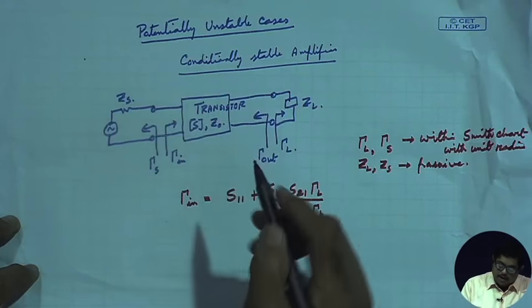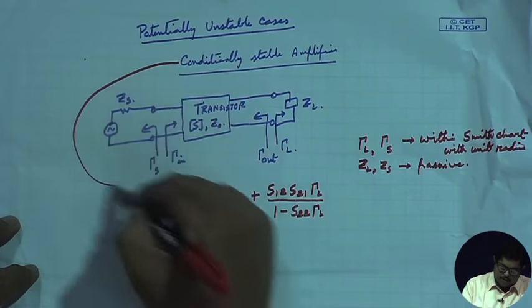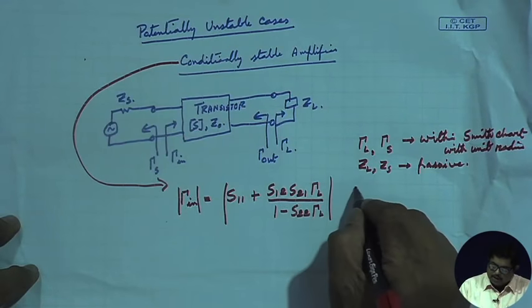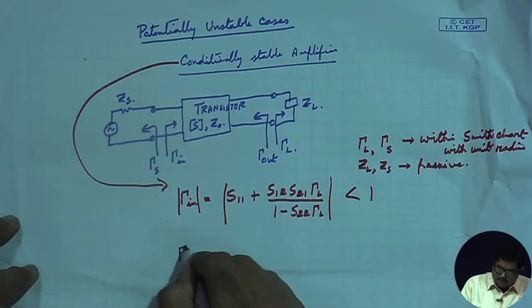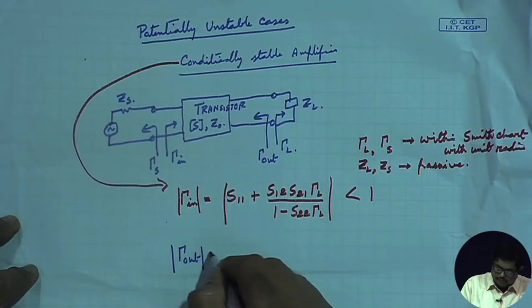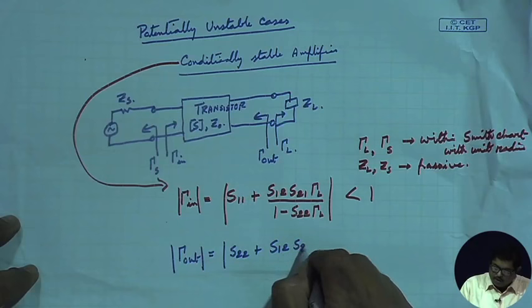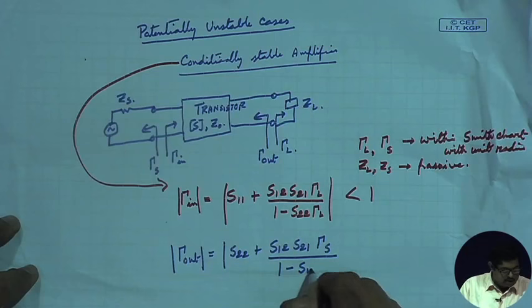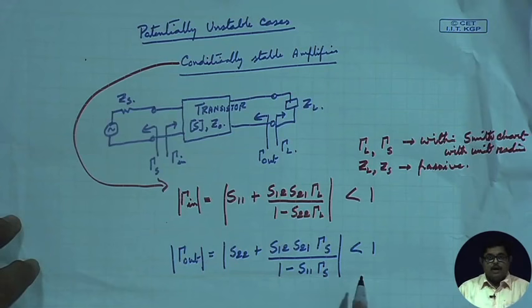We demand that the device be unconditionally stable, or, whenever potentially unstable, also be conditionally stable. We require that the magnitude of gamma in be less than 1, and also gamma out, that is S22 plus S12 S21 gamma S by 1 minus S11 gamma S, also needs to be less than 1, otherwise we will have oscillations.